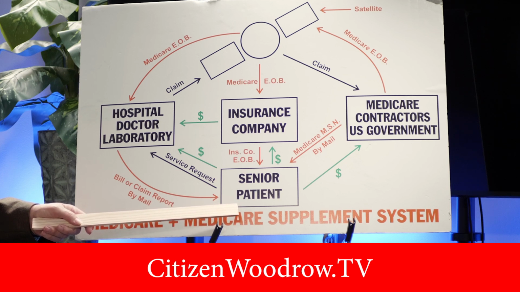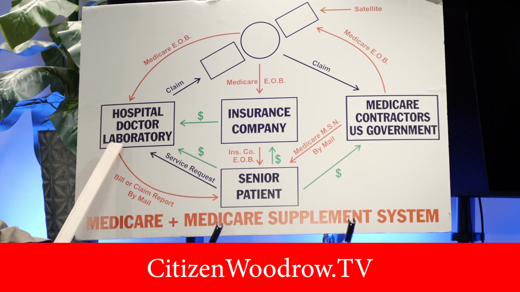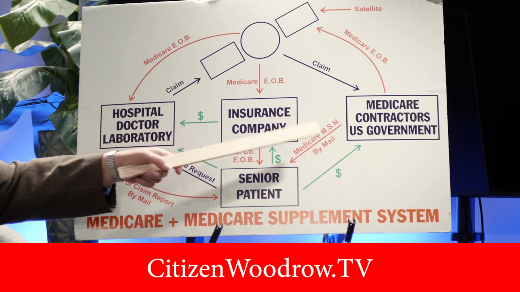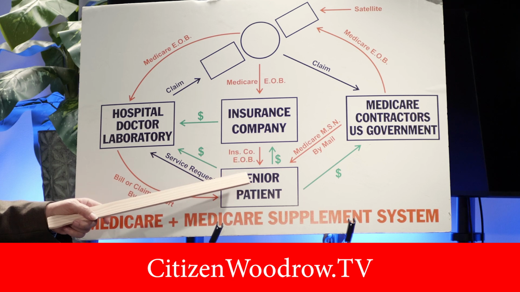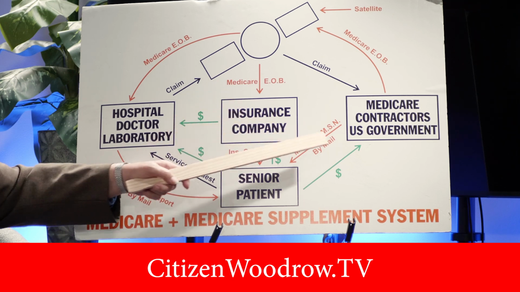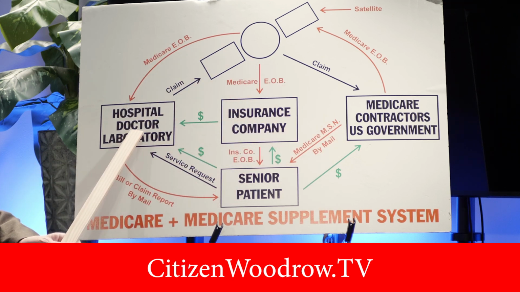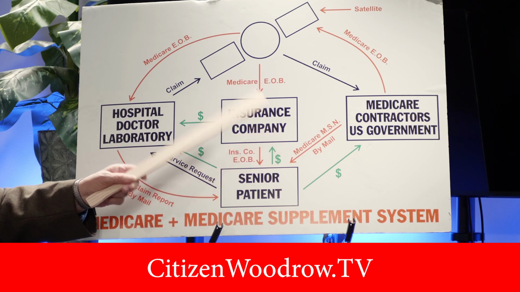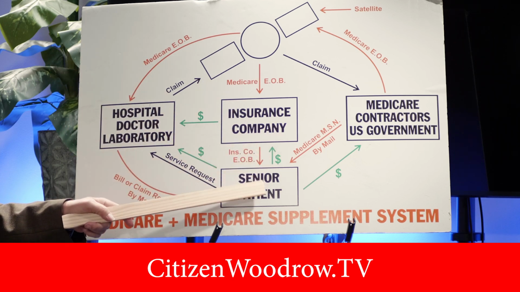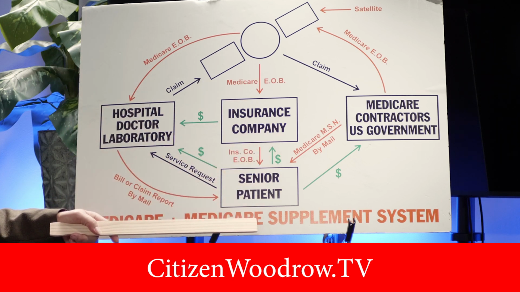A Medicare summary notice gives the explanation of how much was charged by the doctor, hospital, or laboratory, what Medicare figured was the correct amount that should be paid by Medicare, 80%, and by the insurance company, 20%. But it gives this report to the senior citizen.